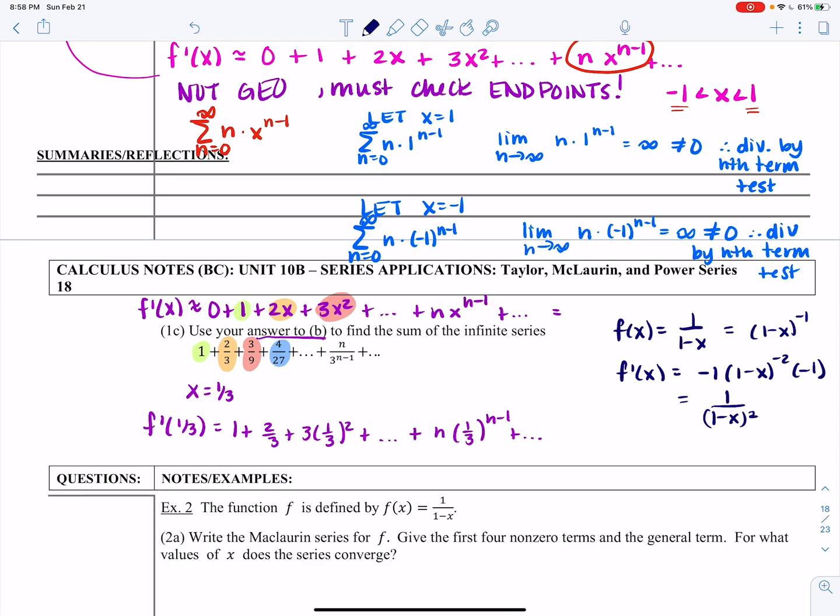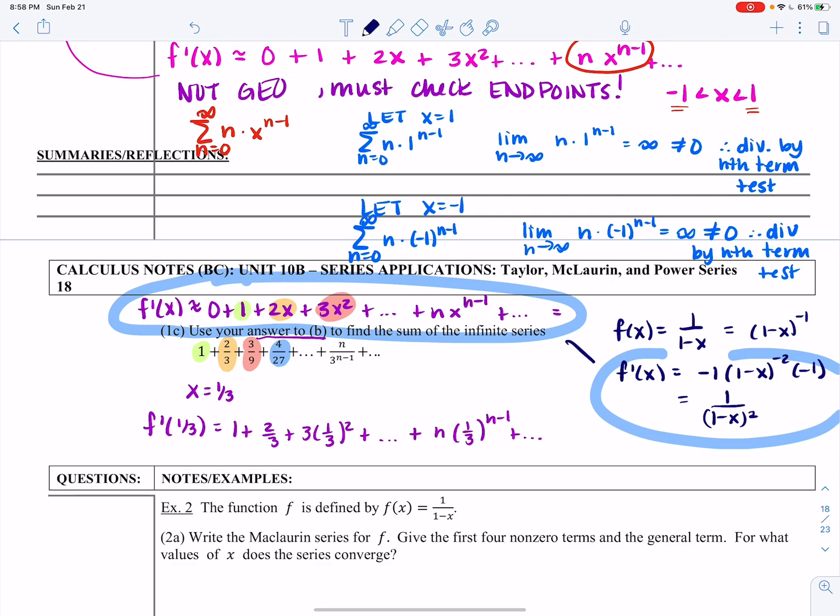So if this function right here, f prime of x, and this series right here are equivalent to each other, remember, they're the same, then can't I just say that this is equal to 1 over (1 minus 1/3) squared, or I am plugging in 1/3 for x? And I can. And we know that 1 minus 1/3 is 2/3, and 2/3 squared is 4/9. This thing has a sum of 9/4.